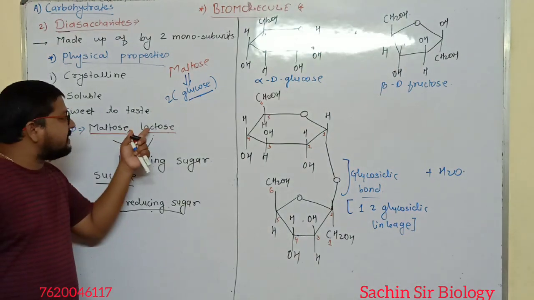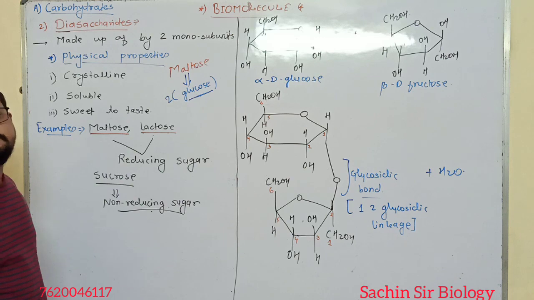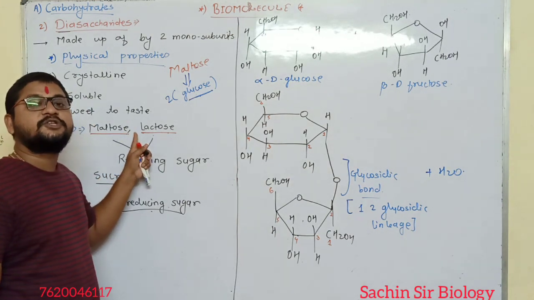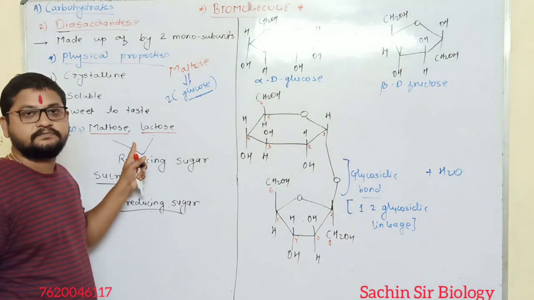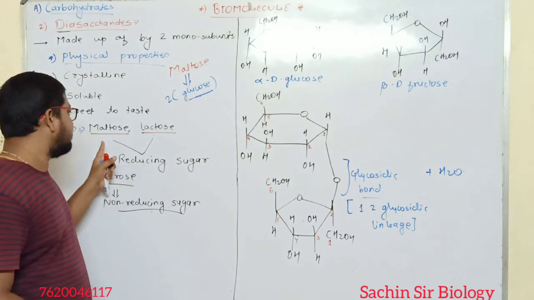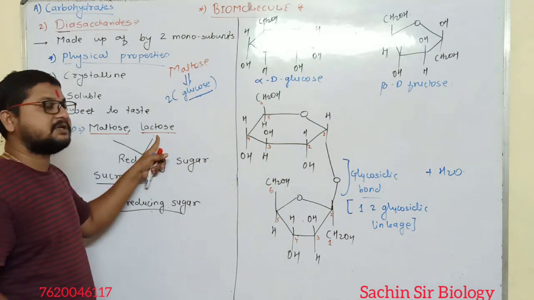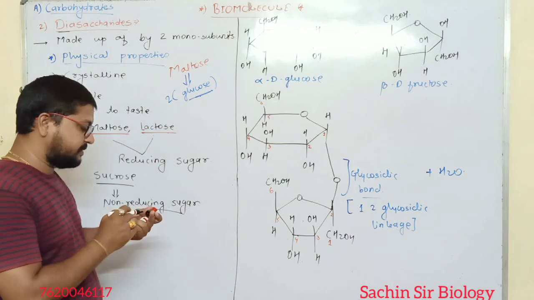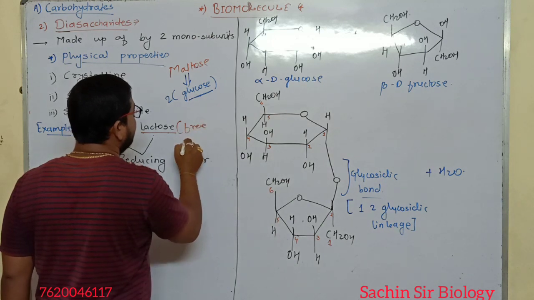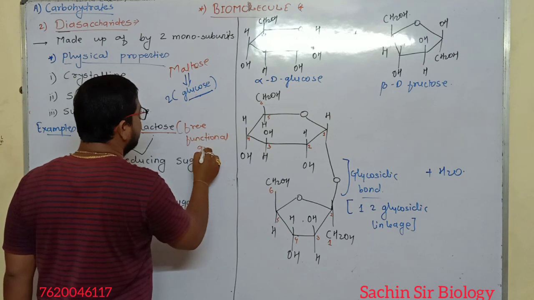In maltose and lactose, during the formation, a free functional group is there. Understand? After formation of maltose and lactose, if you see the structure properly, a free functional group is there, that is, it contains a free functional group.